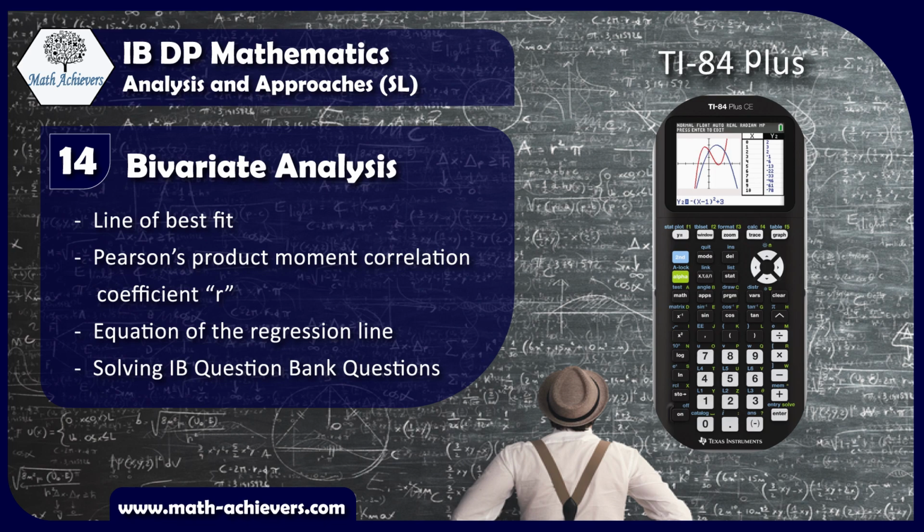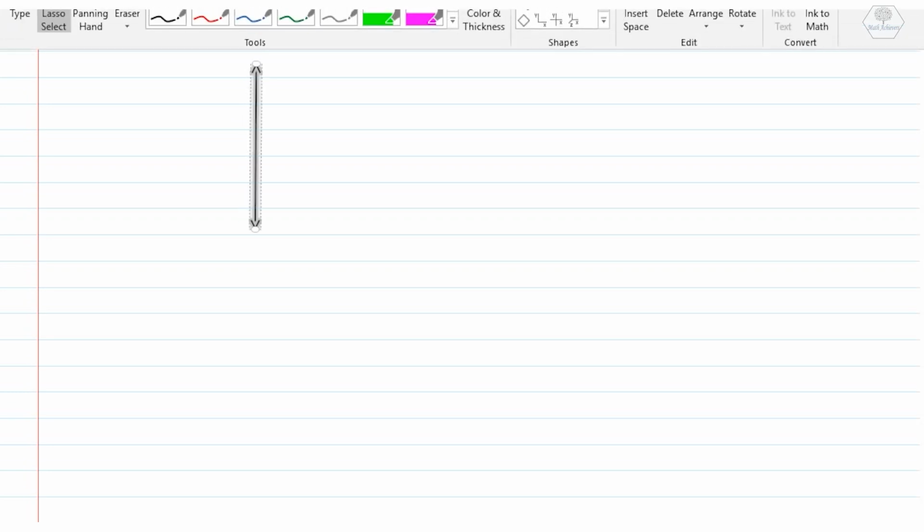Let's start by talking about the scatter plot. In a scatter plot, you have a bunch of coordinates scattered, and you're going to see what the relationship is between them.